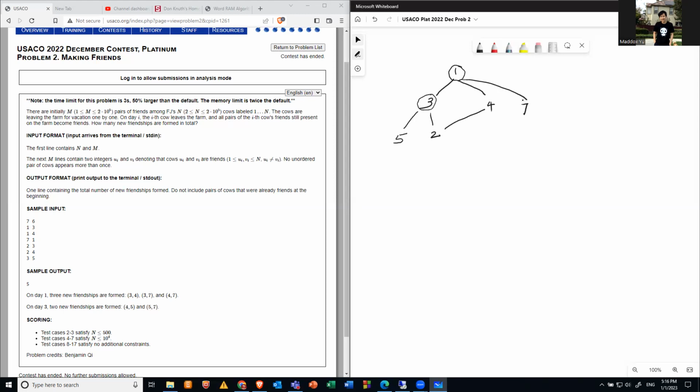So now let's look at how we solve this problem. Remember the first problem we talked about a couple of days ago? It's a graph, connected.